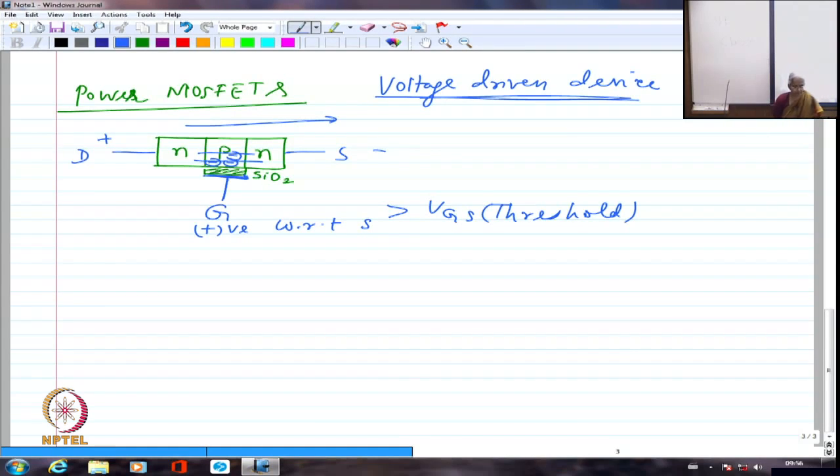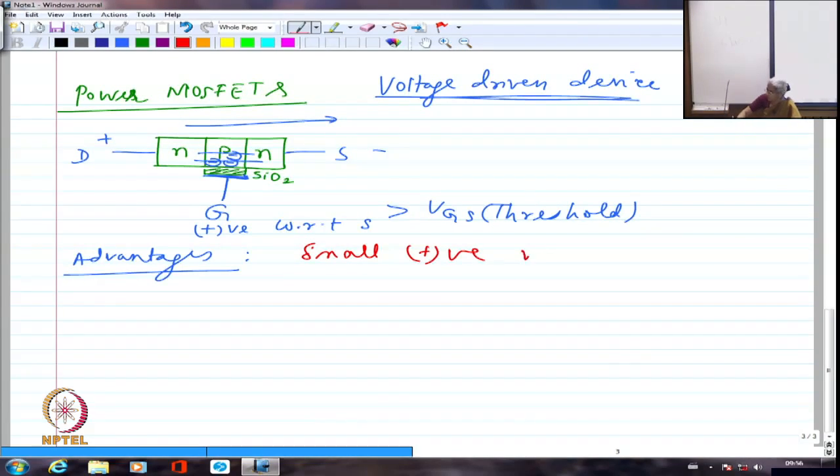All you need is apply a voltage, there is a charge induced, immediately it will start conducting. So you are going to see that power MOSFETs have the advantage. The major advantages is that I need to apply only a small positive voltage across gate and source, which should be greater than VGS threshold.